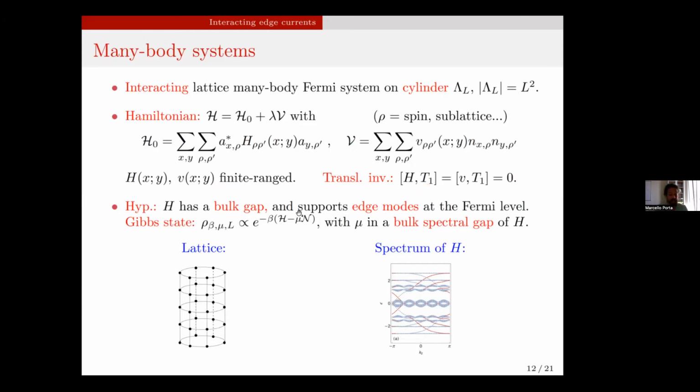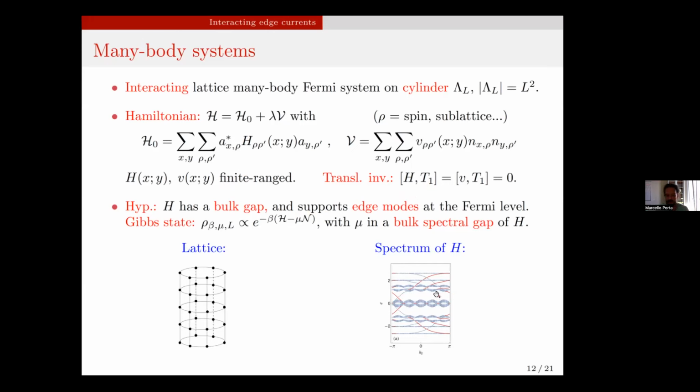So the assumption is that the single particle Hamiltonian has a bulk spectral gap, and it supports edge modes at the Fermi level. So this is something that you can read off from this picture, right? These blue dots would correspond to the bulk spectrum, and I'm choosing the Fermi level to be in a region where the Fermi surface is actually given by points given by the crossing of these edge modes with the straight line defining the Fermi surface.